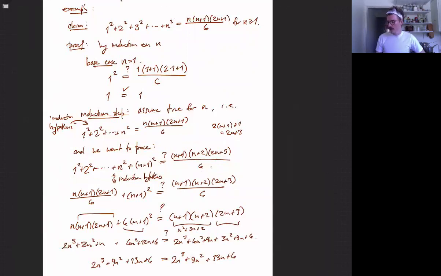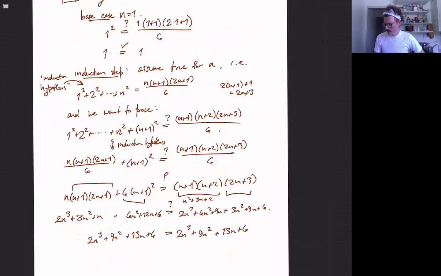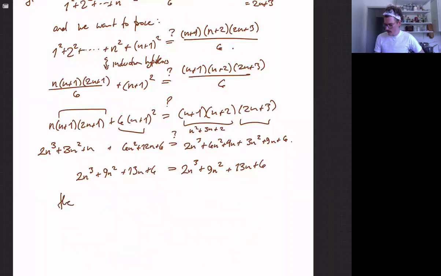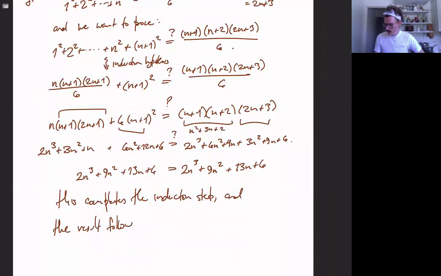And now, having proven both of those things, the result follows by induction. So let's write that. So this completes the induction step. And the result follows by induction. So there is our first example of a proof by induction.